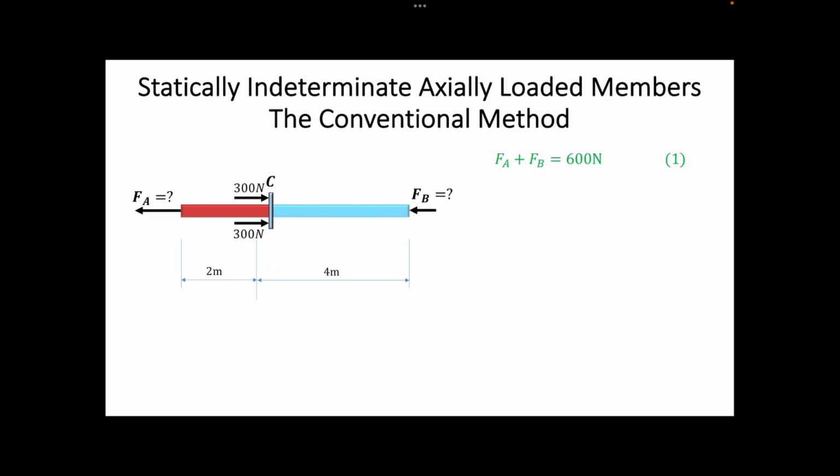If you notice, we can base on the displacement delta of point C to develop one more relationship between FA and FB. Specifically, since point A and point B are fixed, that delta is the deformation of both segments AC and CB of the bar. In other words, we can write the following equation.